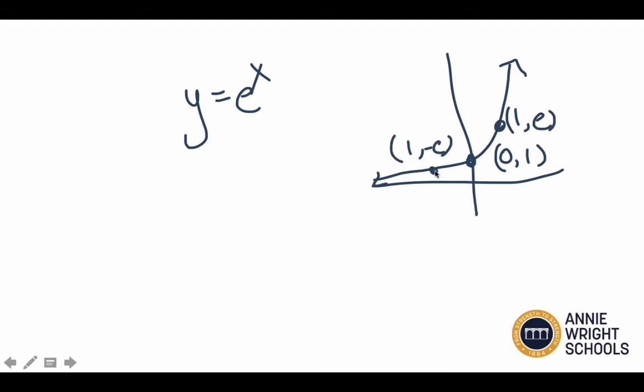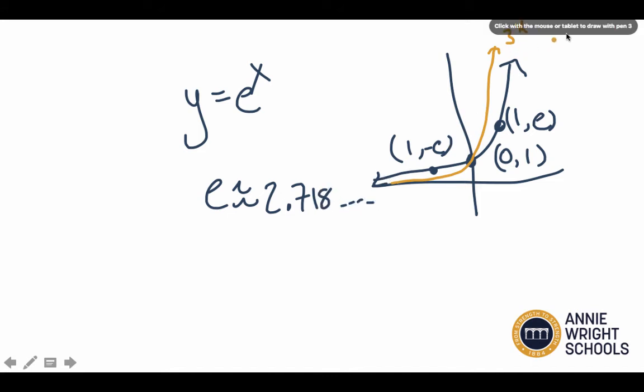Another good function to know in relation to that would be this one here. That's the graph 3 to the x, right? Because if e is about 2.718 blah, blah, blah, I know that 3 to the x is slightly above it. So here's the point 1, 3. Here's the point 0, 1.